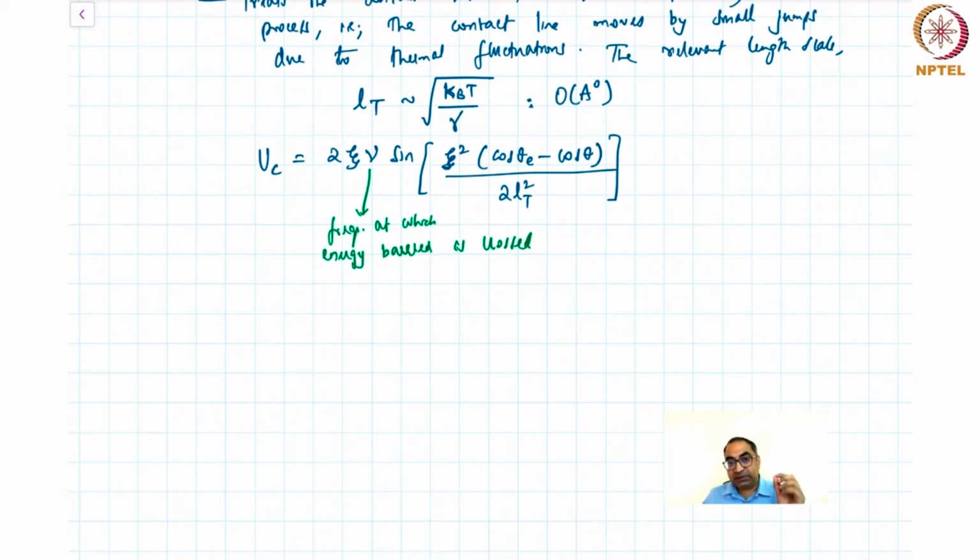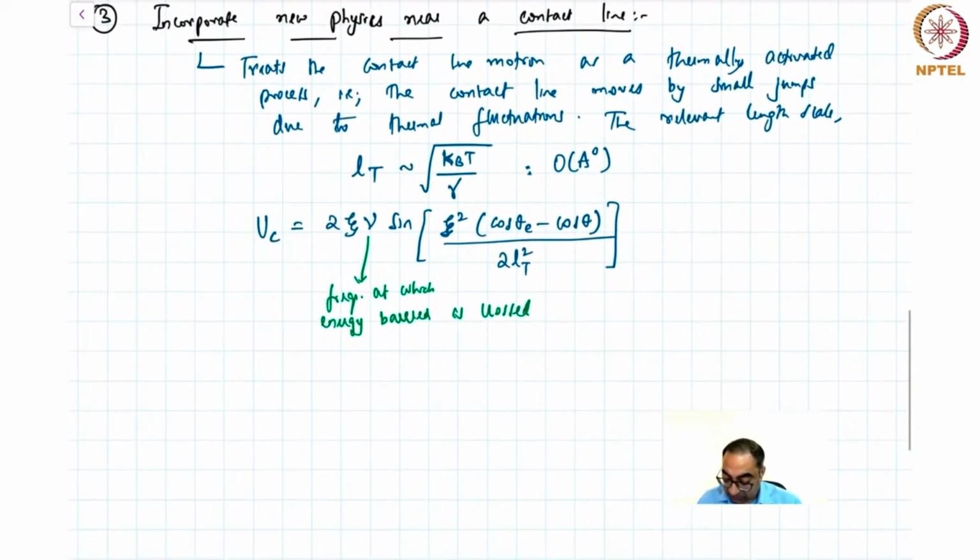So you have very many such energy barriers crossed, which results in tiny microscopic motion. But if you average over a finite time, then you see a macroscopic motion, because there are very tiny fluctuations, but innumerable numbers of them. That's the idea. So there is an energy barrier that has to be crossed, and I won't go into too many details about this model, but it was first published in 1969 by Blake and Haynes.